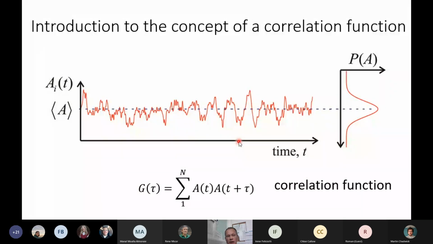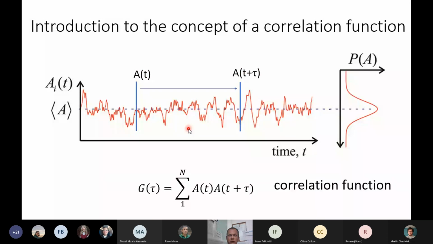Having time-dependent processes, let's say we have a function A that depends on t, we can calculate the correlation function by taking the sum of the products of this function A at different times. This mathematical notation represents the correlation function.